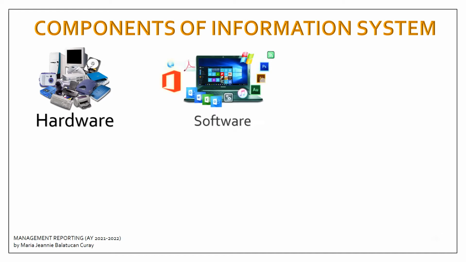Next is the software. The software is a set of instructions that tells the hardware what to do. It is intangible. It cannot be touched. There are several categories of software, with two main categories being the operating system software and the application software.